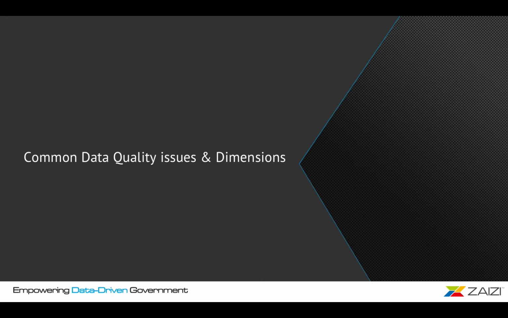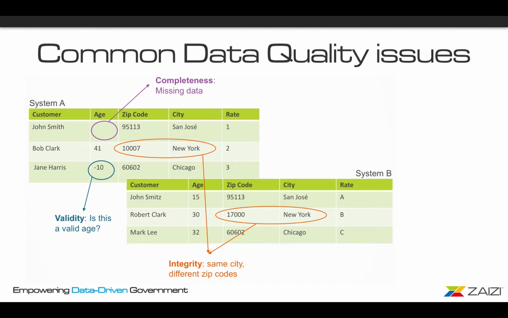What are the common data quality issues and what are data quality dimensions? In this example, we have two systems, system A and system B. As you can see, we have some completeness issues like missing data, for instance, in the attribute age of system A. We have some integrity issues, for instance, the same city has a different zip code.